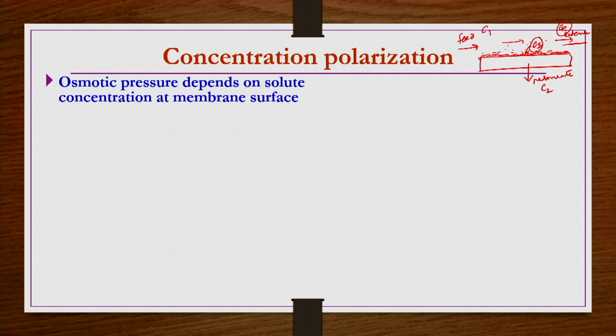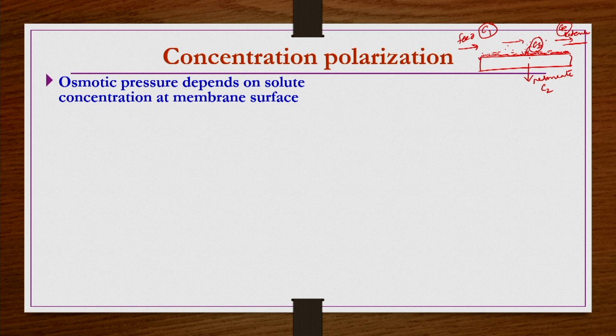If you obtain the osmotic pressure based on C1, that is not going to give the correct results, because the solute concentration is very different on the membrane surface. The osmotic pressure plays a role in separation only at the membrane surface, because separation takes place from that point only.